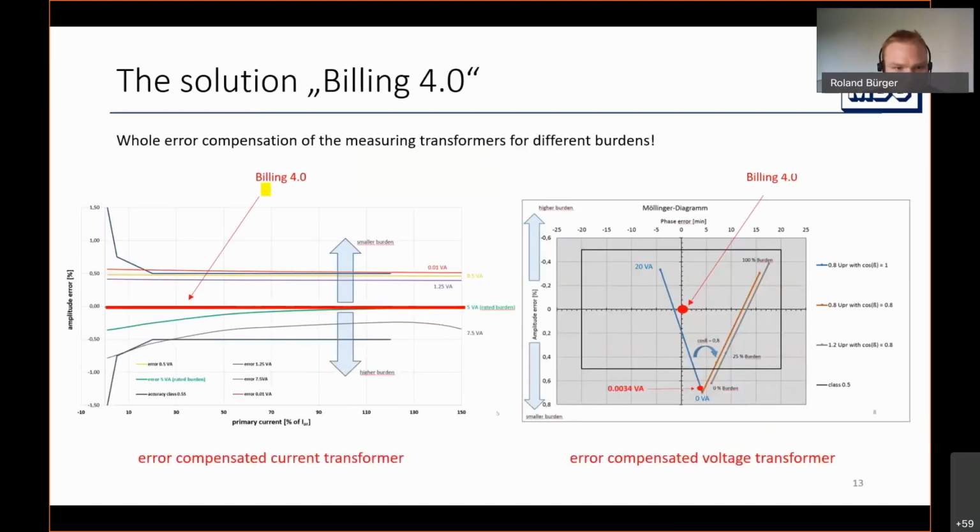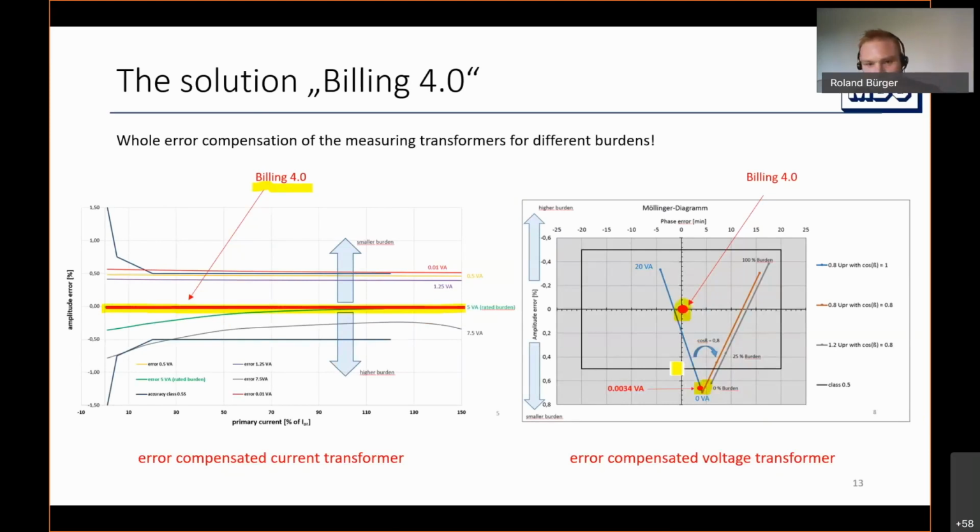What we need in future is very accurate devices, low cost, of course. And there we have to compensate all the instrument transformer ratio errors, and we have to compensate the amplitude errors for the voltage transformer.